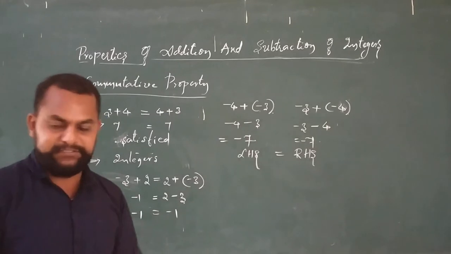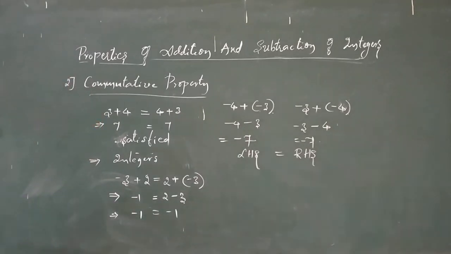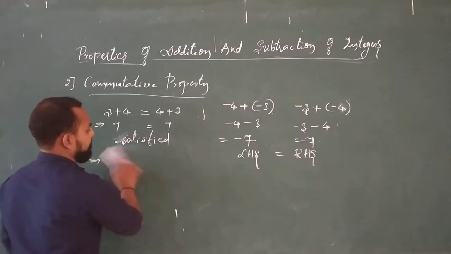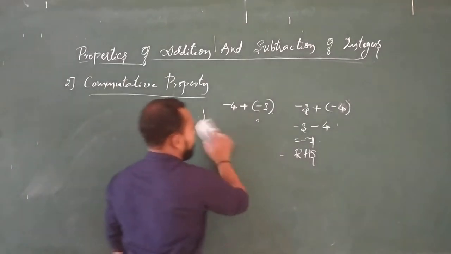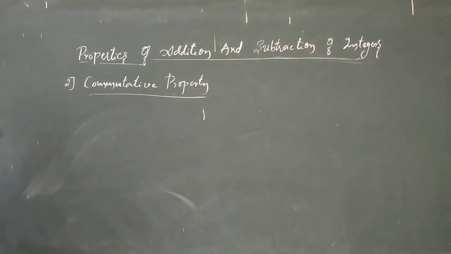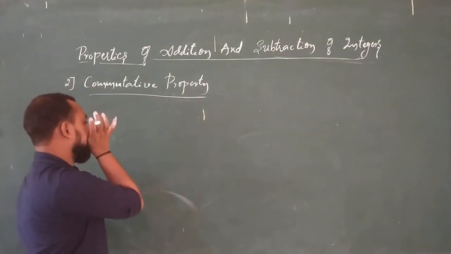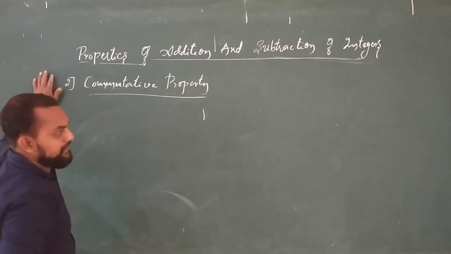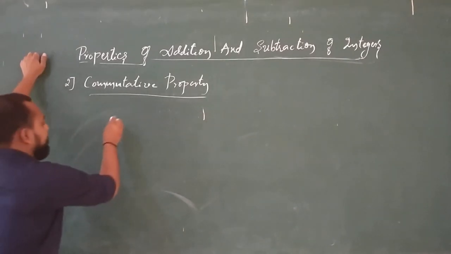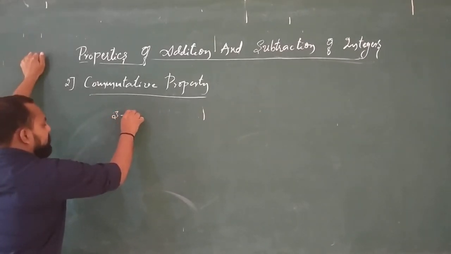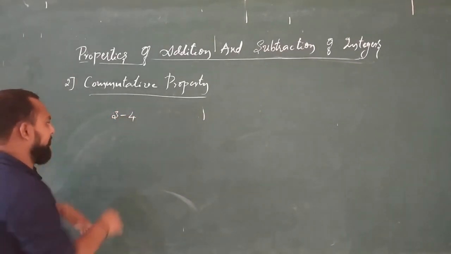Okay, in the second one, check subtraction. Subtraction of integers: 3 minus 4.